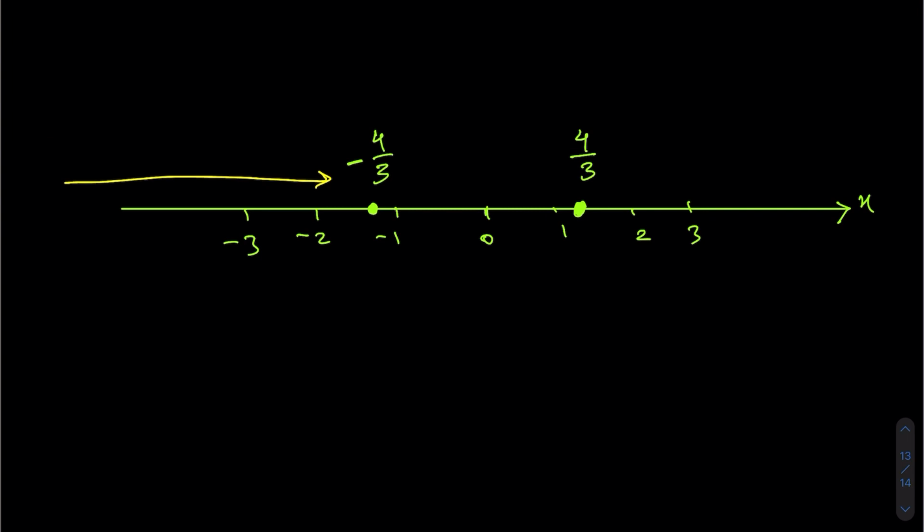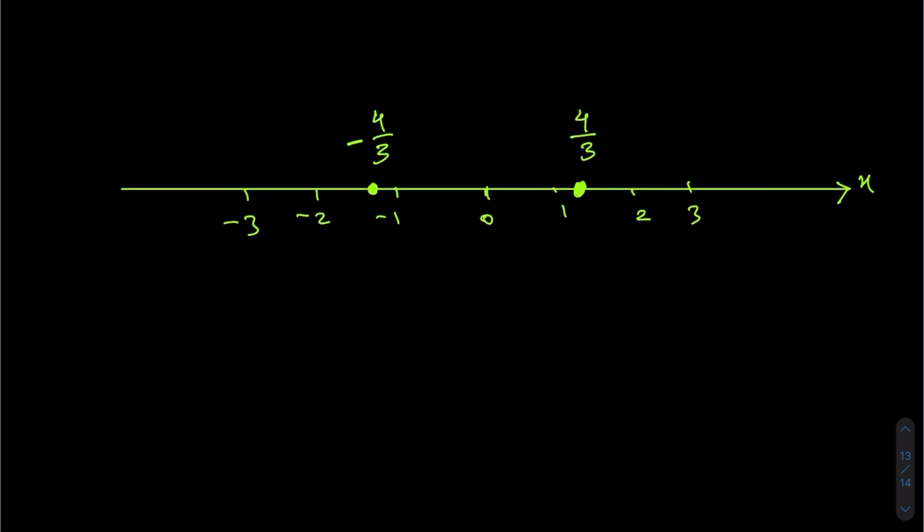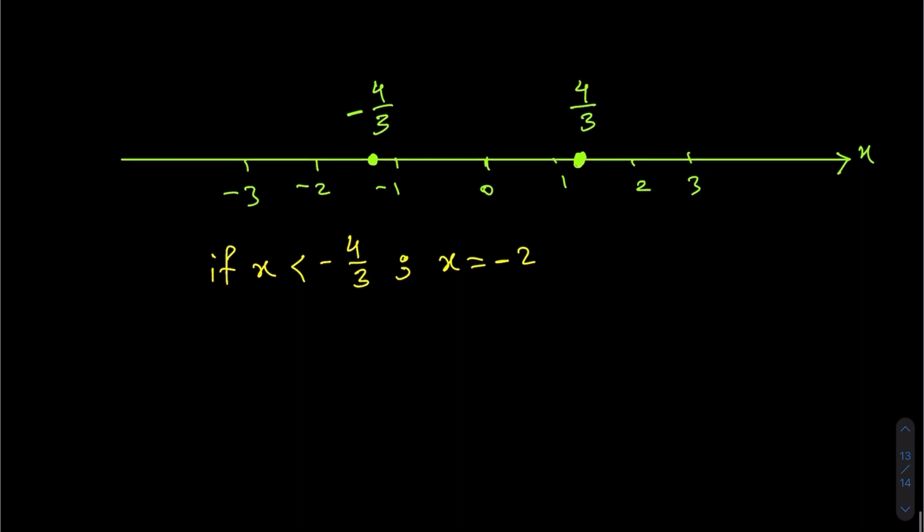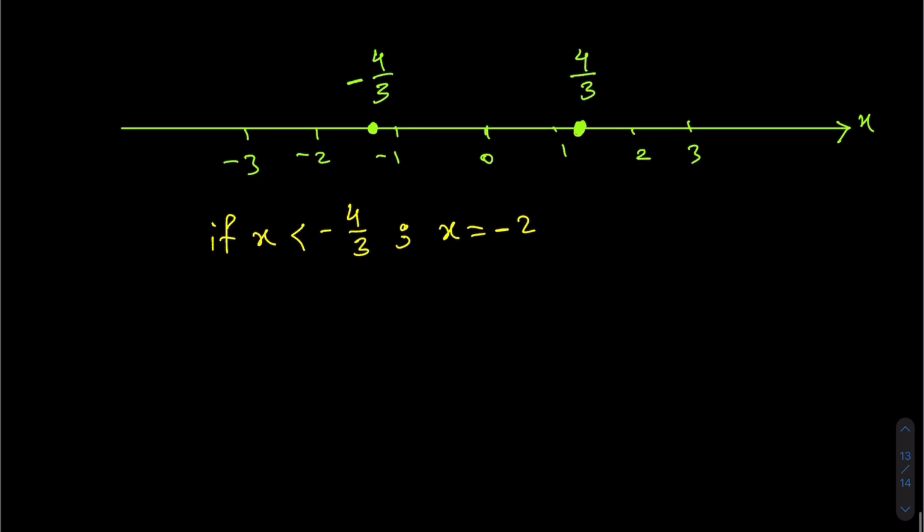So in order to do so, let's say x is less than -4/3, so the values that fall into this area. Let's select a number and say x is equal to -2. We need to test it in the original equation to see if it satisfies it or not.